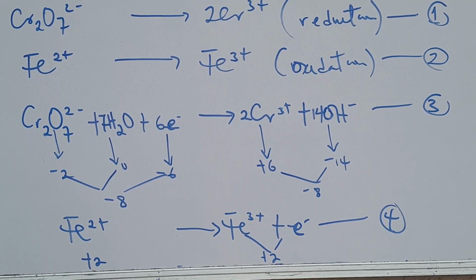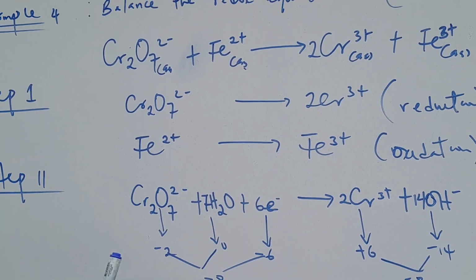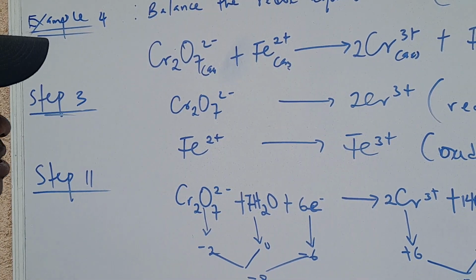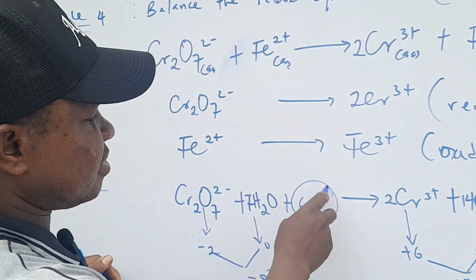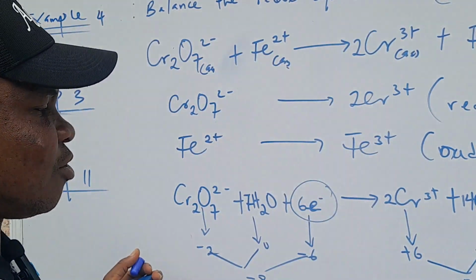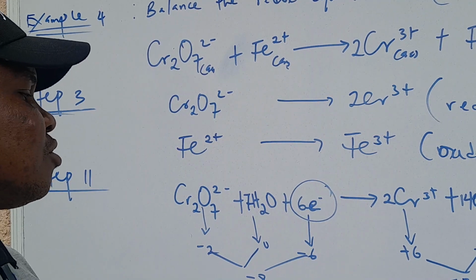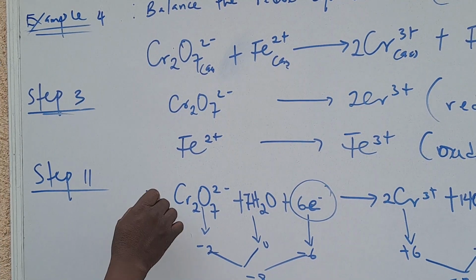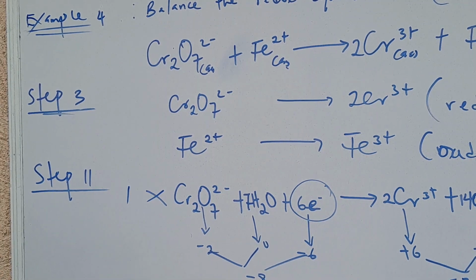So let's really dive into step number 3. Remember step 3, we are going to be combining. Check the ions here, number of electrons here, and the number of electrons here. Okay, are they equal? No, they are not equal. So what are we going to do? Of course, I need to multiply them. I multiply this one by 1, multiply this one by what? By 6.